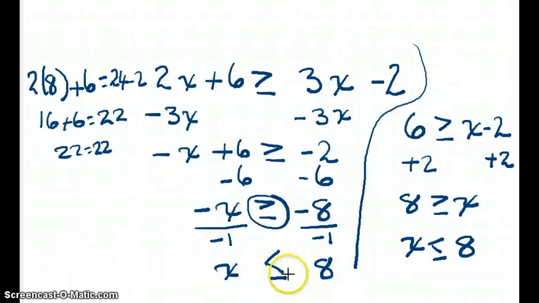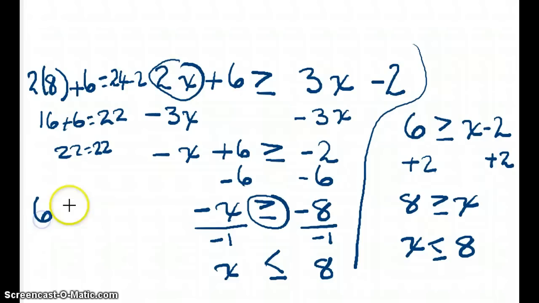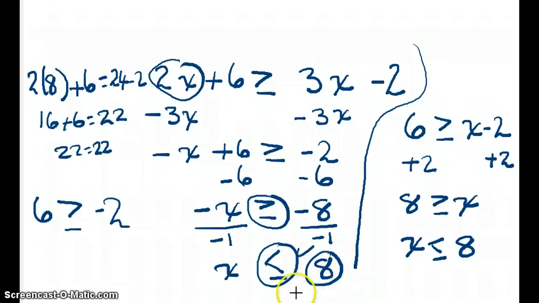I love this. Why? Because pick a number less than 8. 0. 0 is definitely less than 8. So 2 times 0 is 0 plus 6 greater than 3 times 0 is 0, minus 2. Is 6 greater than negative 2? Yes. So that's correct, and that's correct.